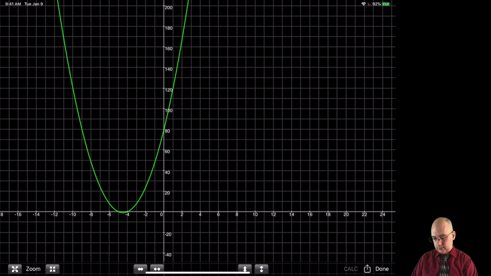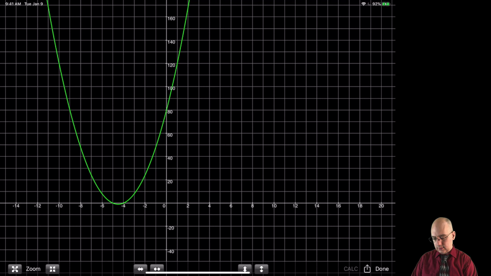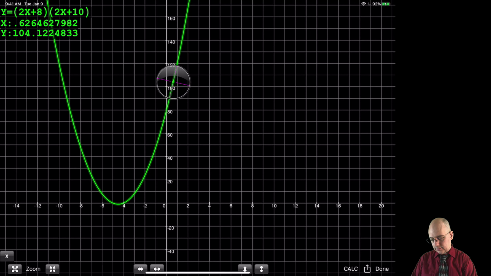You can see at 0 it goes through 80 and goes up to 100. If you just plop your finger on there and go up to where it's about 100, you can see it's a little bit around 0.5, 1 something or other.